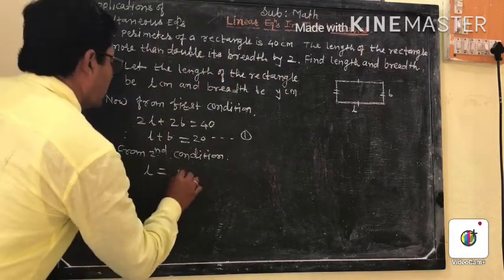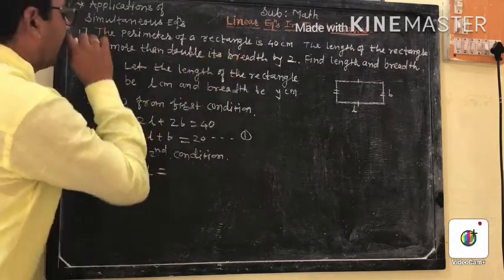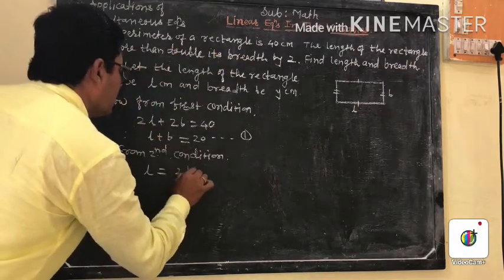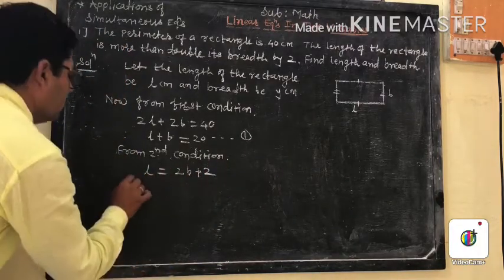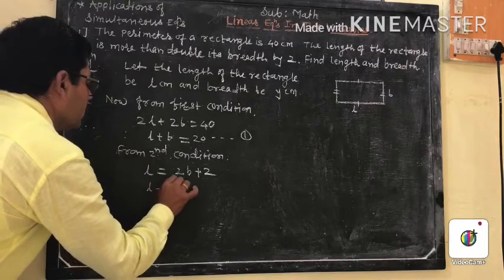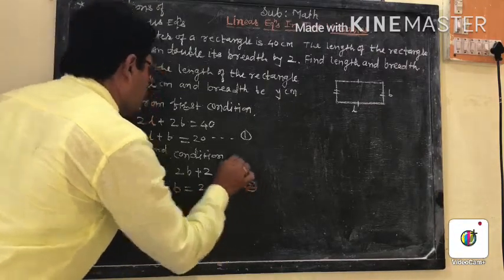Double the breadth means 2b, and 2 more. Simplifying this equation, L minus 2b is equal to 2. This is the second equation.